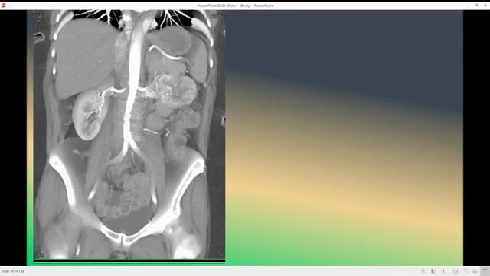Okay, this is the answer of our case. Mainly we are looking for left renal cell carcinoma with involvement of the renal vein and right renal artery stenosis. We move to the next case.